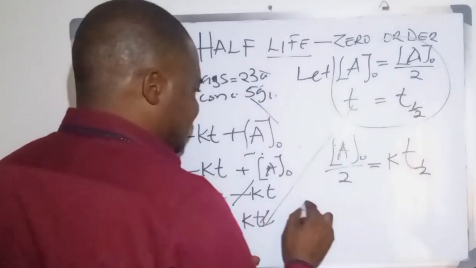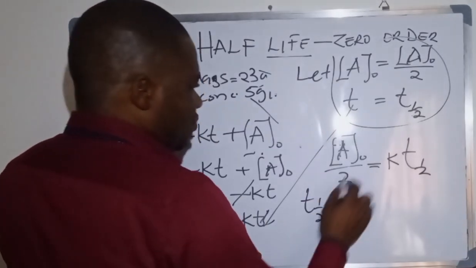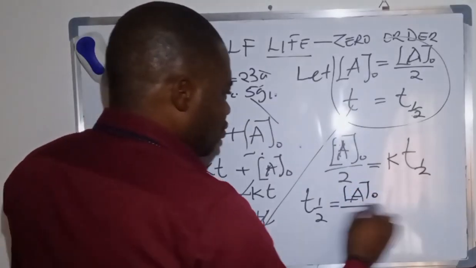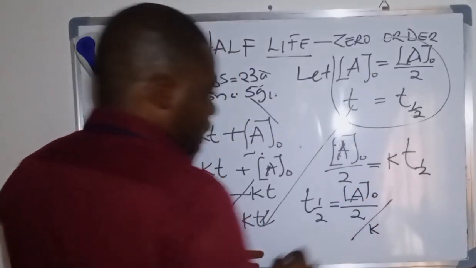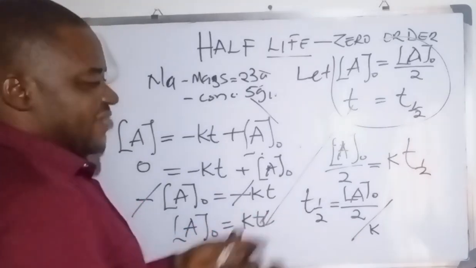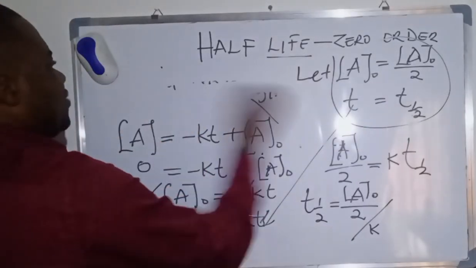So if we make T half the subject of the formula, it means that we divide by K. So this is A0 all over 2 divided by K. Now, this equation can be rewritten.